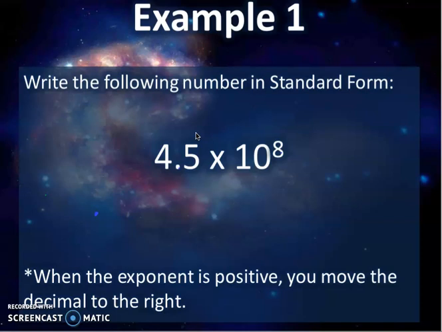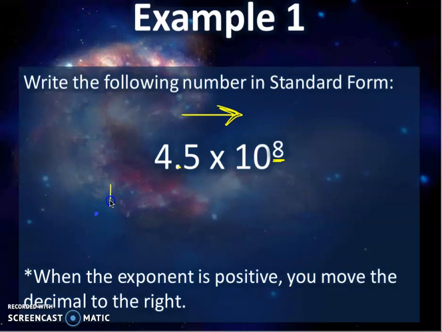And when I'm taking something 10 to the 8th power, I'm essentially shifting this decimal point to the right 8 times. So when I have a positive exponent, I am shifting the decimal point to the right that many times. I'll repeat myself. When the exponent is positive, you shift the decimal point to the right that many times.